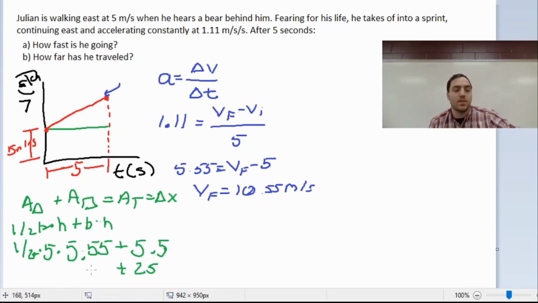Which means the only thing I have to do is half times 5.55 times 5, which gives me 13.89.